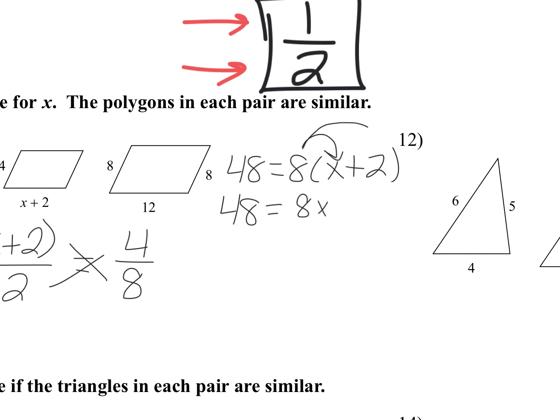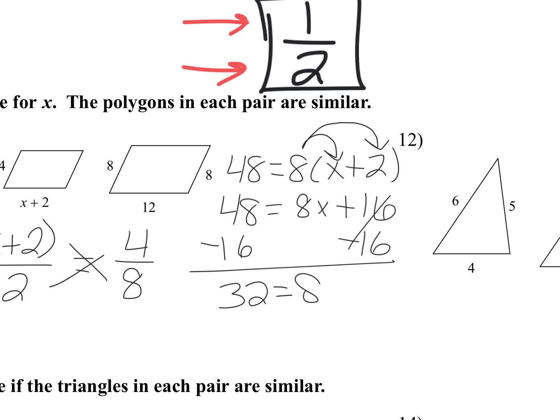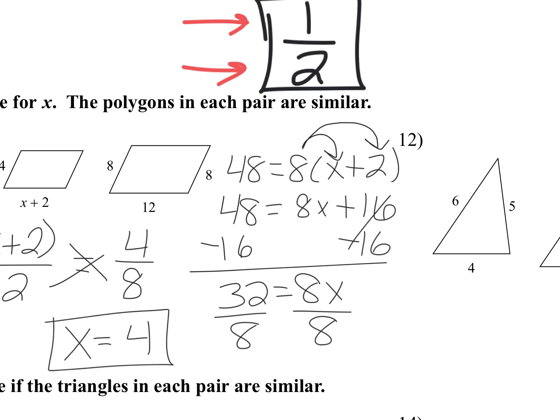Yep, don't forget that second part. 8x, and then we have 8 times 2, which is 16. From here, solve like normal. Minus 16. So we get 32 equals 8x. Last step, divide by 8. So we get x equals 4. Okay, is everyone comfortable with solving now? Okay.